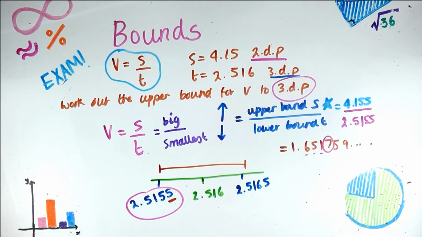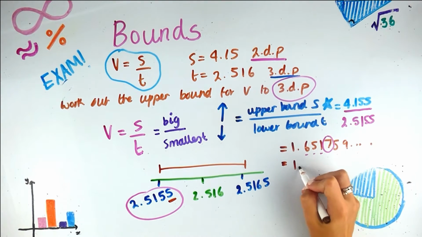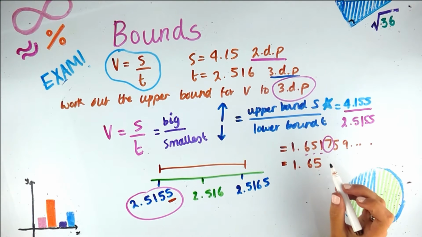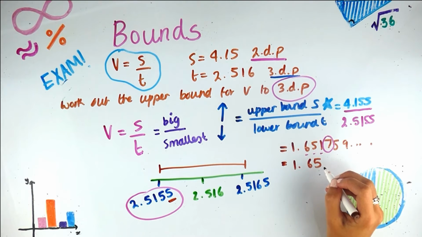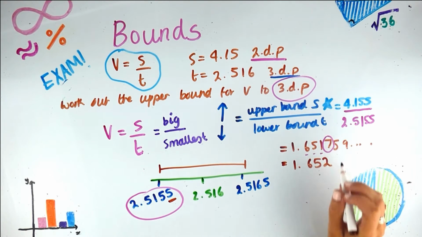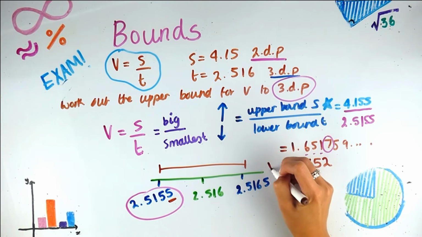So I look at this one. Yes, that is 5 or more, so that one's going to round up to 1.652. And that is V.